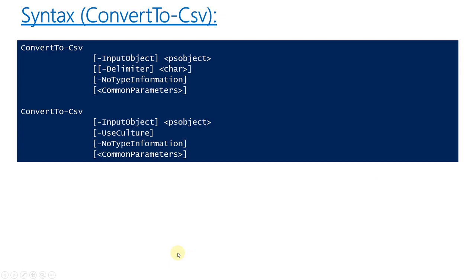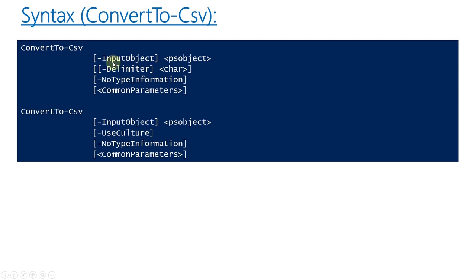Here we have the syntax of the commandlet ConvertTo-CSV. You can see here that we have two sets of parameters. First of all we have to use the commandlet ConvertTo-CSV, and we have two options to use it. Either we can use this commandlet in a pipeline, or straight away we can pass any object to this commandlet using the parameter called InputObject.